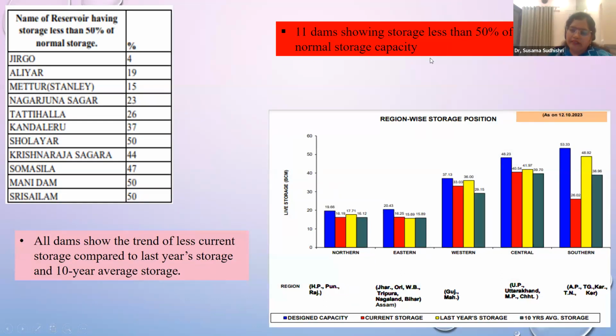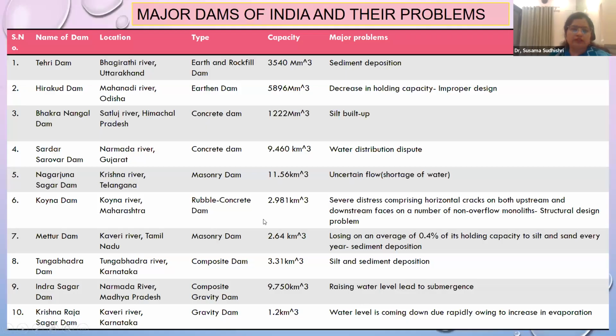That means sedimentation is the main problem, due to which the storage capacity is reduced. That is more than 50% reduction in the storage capacity, if you see the data in India. All dams are showing the trend of less current storage compared to last year's storage, or the 10 years average storage, whatever you take. That is the reduction of the storage capacity all over.